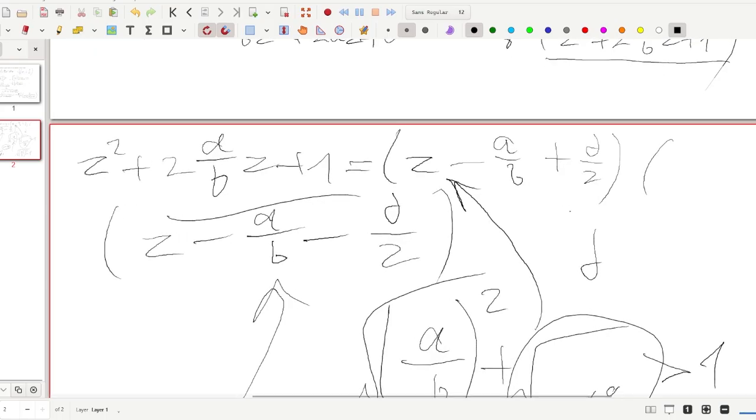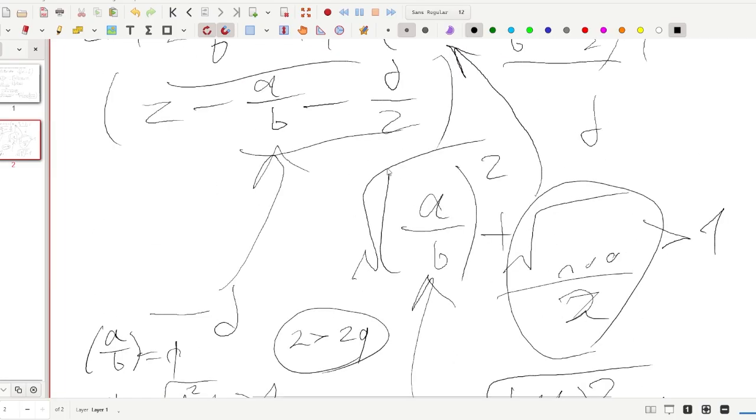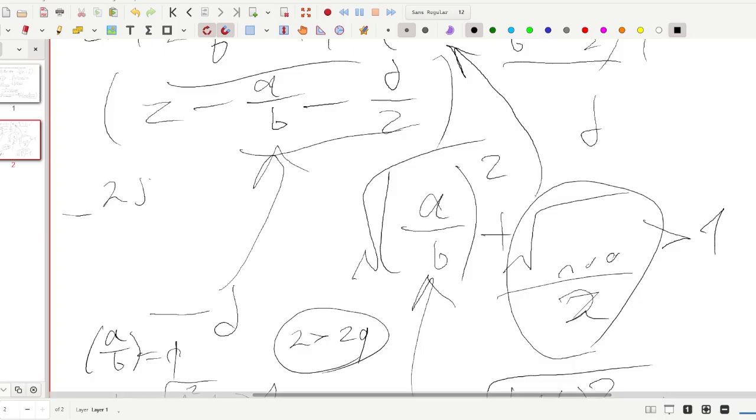In other words, this z, a over b minus d over 2. And when we plaster it here, a over b minus d over 2 minus a over b minus d over 2 is going to be negative d. So the residue on hand is minus 2 pi I over d.